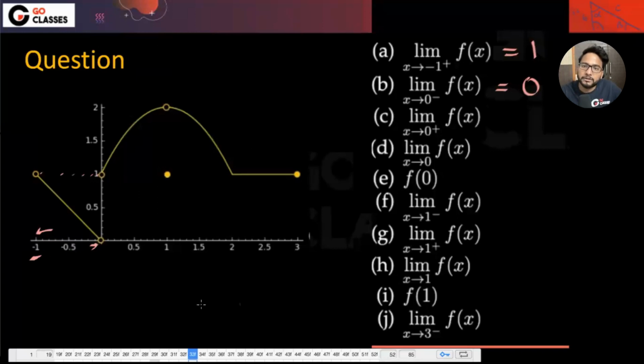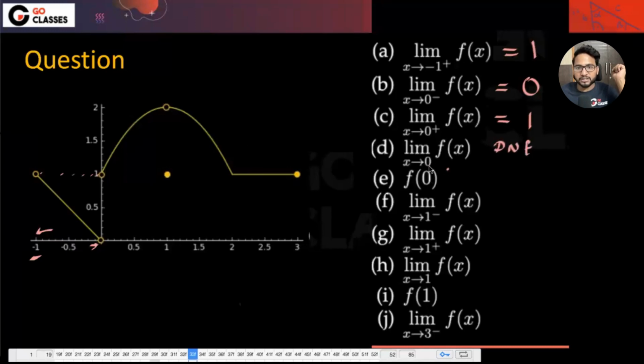Is this okay to everyone? These two particular questions are okay or not? How are we solving it? Now, if you're coming from the right side at 0, then is it defined? At 0 itself, it does not exist.